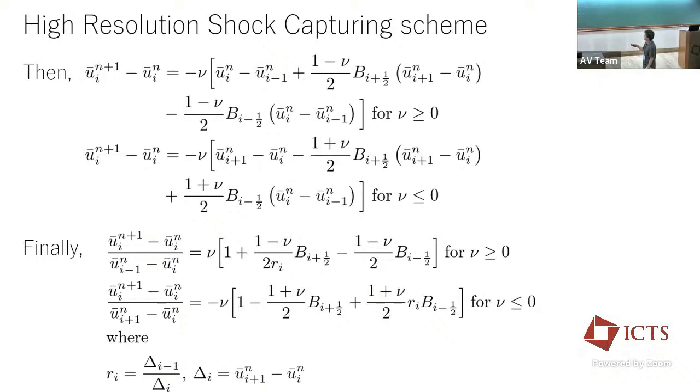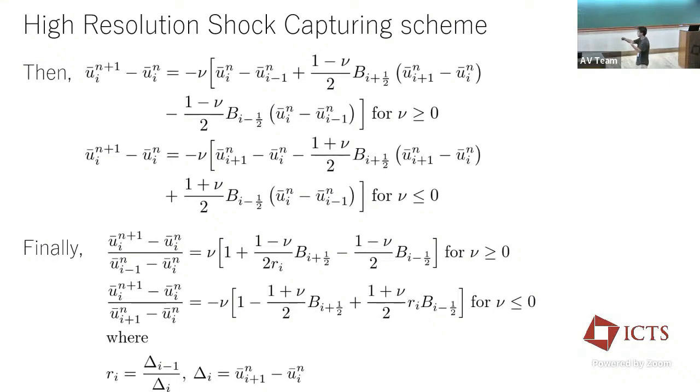For the positive case, if you divide both sides by u^n_i minus u^n_{i-1}, you get this expression. Also, if you divide by u^n_{i+1} minus u^n_i in the negative case, you get this expression. The r_i introduced here and here is defined by this equation.